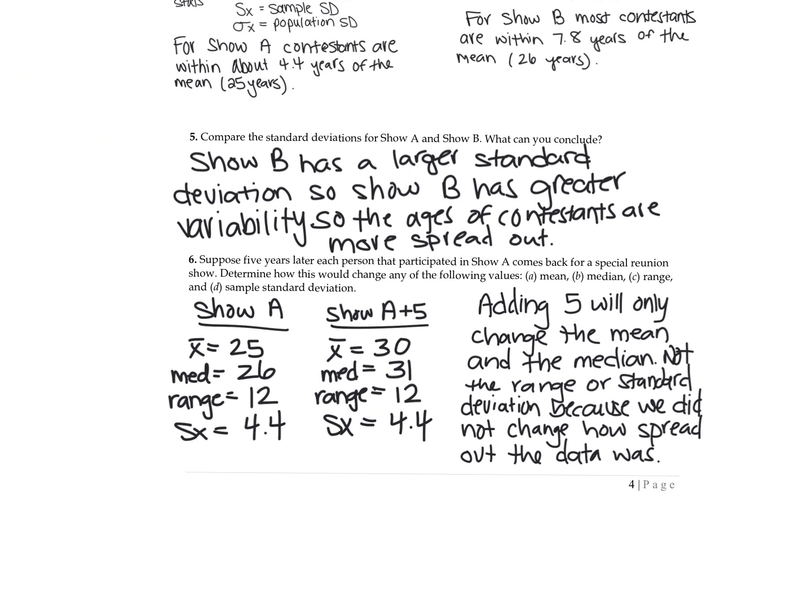So adding 5 to everything doesn't change how spread out the data is. There's still the same difference between the youngest person and the oldest person, and the same difference with everyone else's ages from the mean as well.